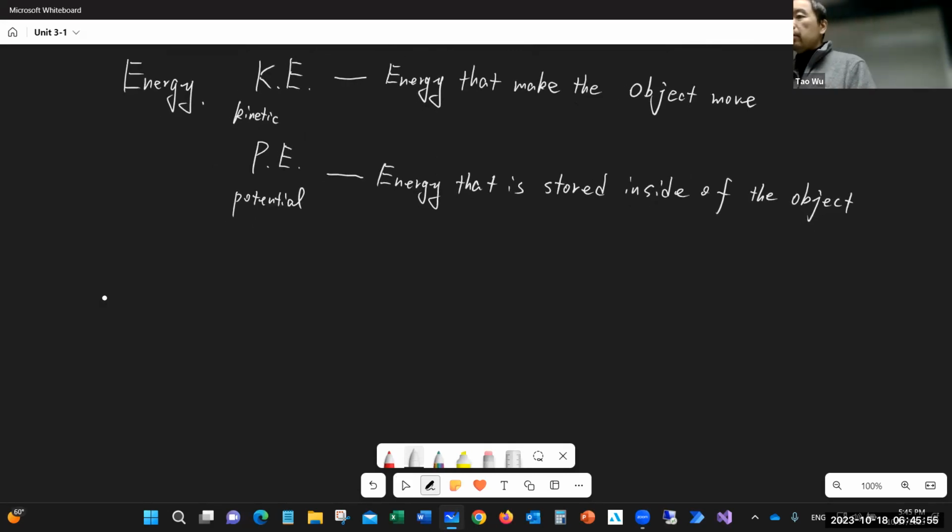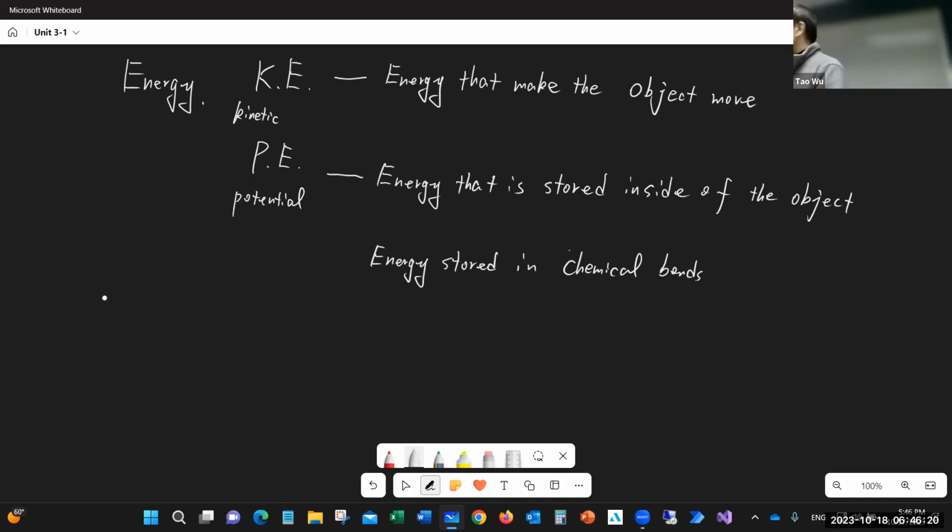So the potential energy in chemistry is the energy that's stored in the chemical bond.